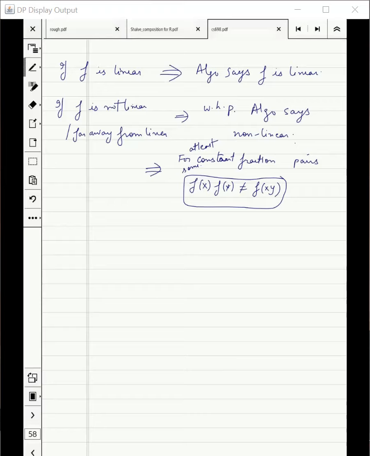Good. So we had two definitions of linearity. One was f(xy) is equal to f(x) times f(y) for all x, y. What was the other definition of linearity?